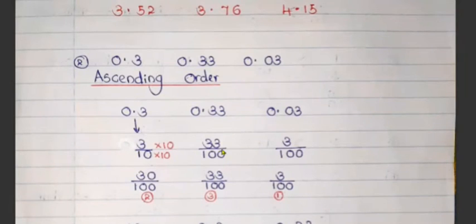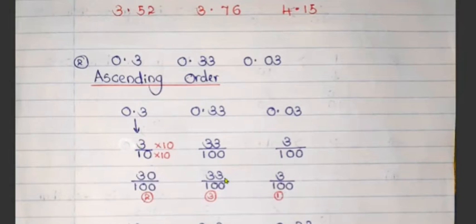Here 10. So we can't write at once in ascending order because of different denominators. So 10 we are going to convert into 100. How can we do it? 10 multiplied by 10. Denominator we are multiplying by 10, then the numerator also we multiply by 10. 10 times 3 is 30.